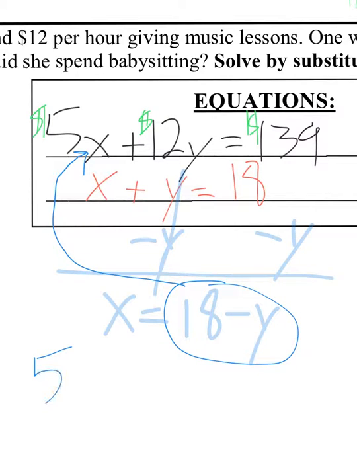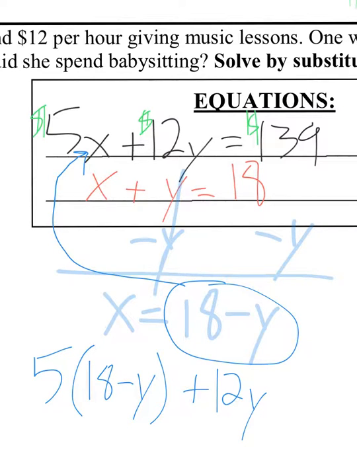So instead of writing 5x, I'm going to write 5 parentheses 18 minus y plus 12 times y. I'm not substituting anything for y, equals 139.